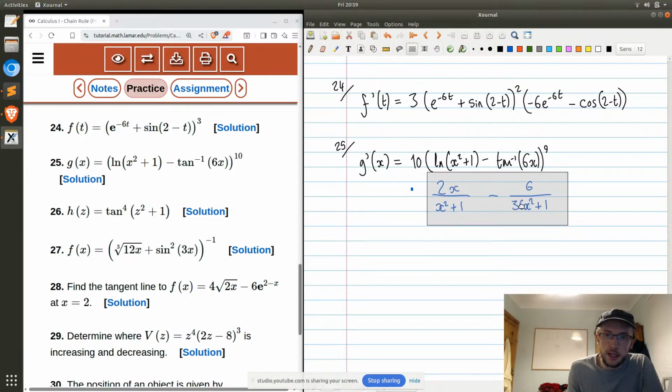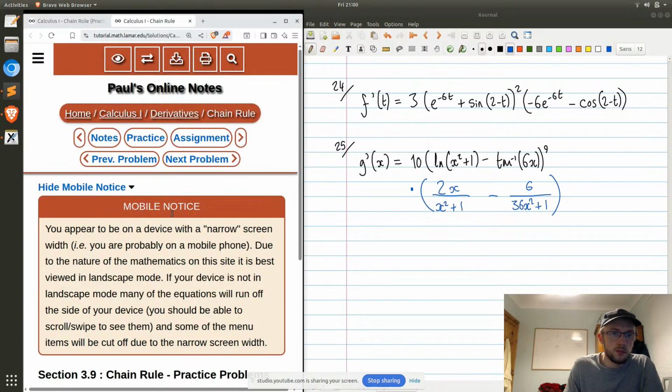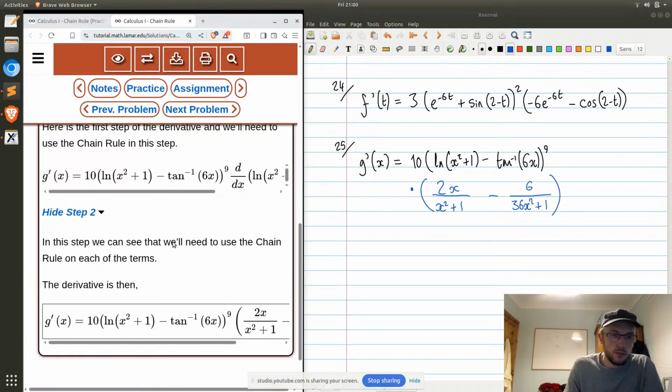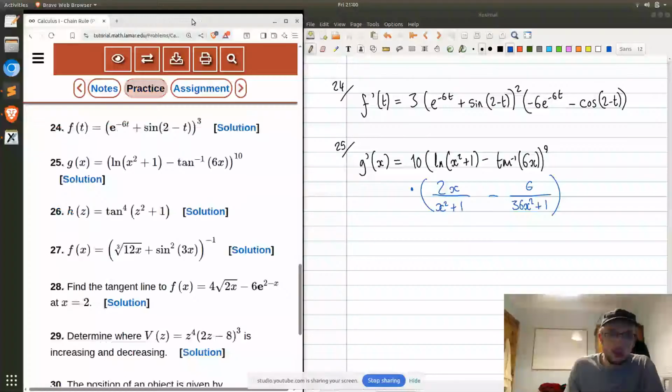So I'm going to bring that up there, multiply by the entirety of that, and then I'm going to check. Okay, the first product is correct. And that's correct, and that's good. Okay.